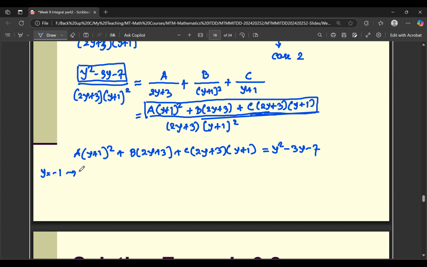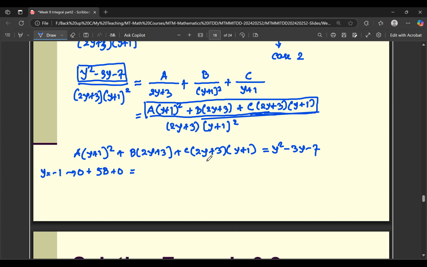So we have 0 plus, 2 times minus 1 plus 3 becomes 5, so 5B, plus 0, and this is 1 minus minus 3 minus 7.